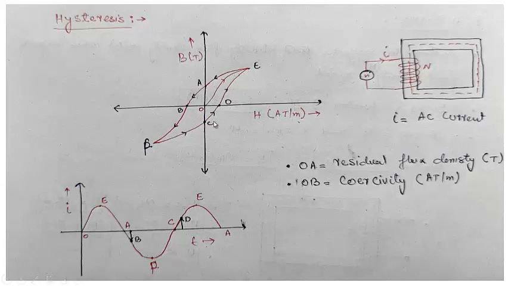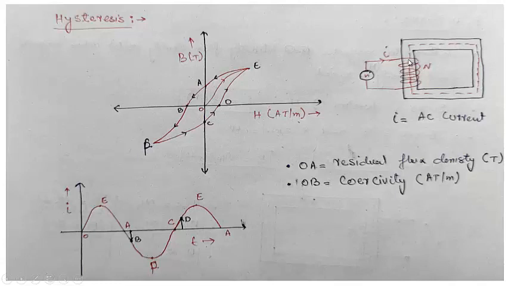It follows this curve, and when H is equal to 0, or I is equal to 0, at point A, it has retained some value of the flux density. You can see that this flux density, OA, is known as the residual flux density. Even if there is no current in the exciting coil, some magnetic field is produced in the core.